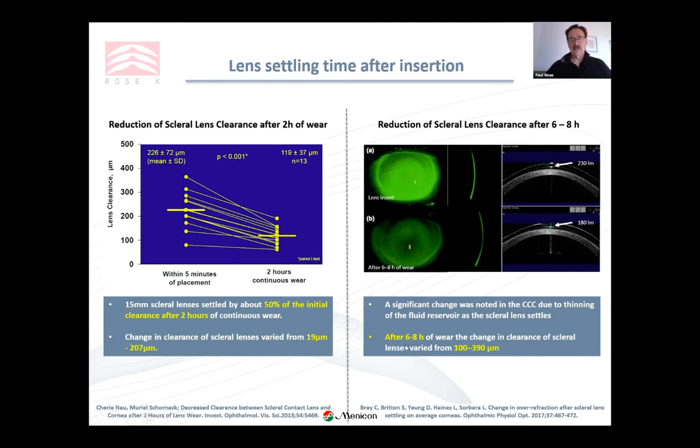And you can see in this study, after 6 to 8 hours, the actual change in clearance varied from 100 to 390 microns. But that's nearly 400 microns of change after 6 to 8 hours of wear. So something where you think you've fitted a scleral lens accurately, it can settle back hugely over a period of a few hours.